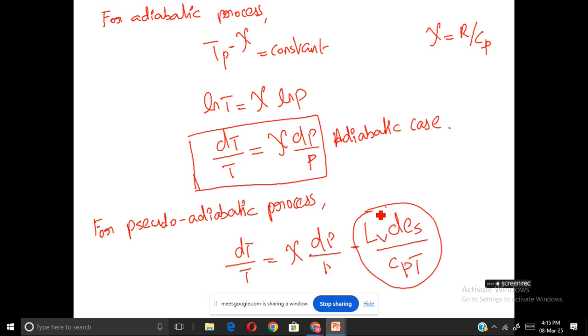So dT by T is equal to chi dp by p minus Lv des by Cp T. This is the equation of state for the pseudo adiabatic process, when we include moisture or when the parcel is saturated.